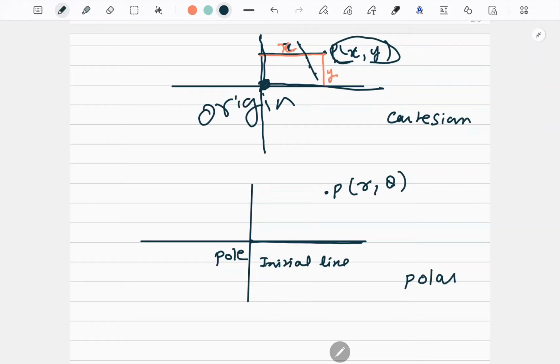When you join the pole to any given point, this length OP is r, known as the radius vector. This line makes a certain angle with the initial line. That angle is represented by theta, known as the vectorial angle.